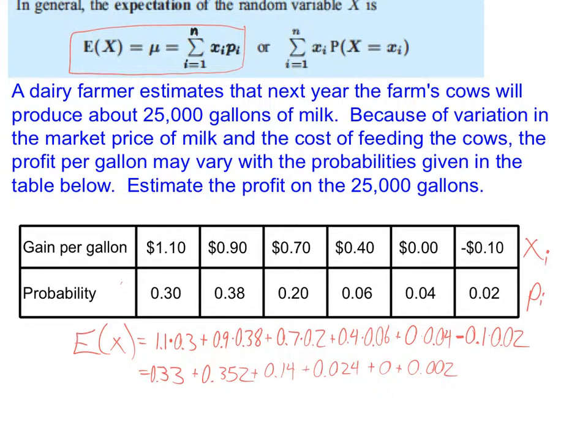Okay? Oh, and that should be minus. Okay? So you add all of those up, and we get 68. Wait, did I multiply that right? 0.9 times 0.38. 27 plus 072 would be 342. 42, yeah.